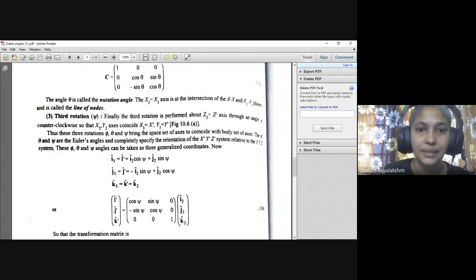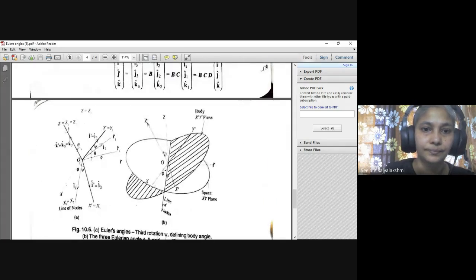Now let us consider the case of the third rotation, where we consider rotation with respect to z. So z dash equals z2, which equals z1, and from y2 to y dash it moves with an angle psi, and from x2 to x dash, equal to x1, with an angle psi.